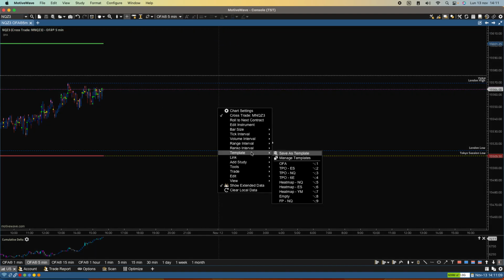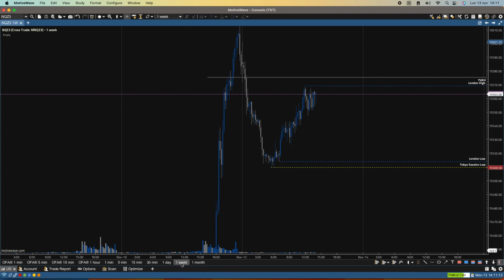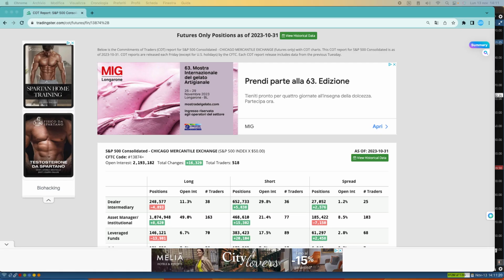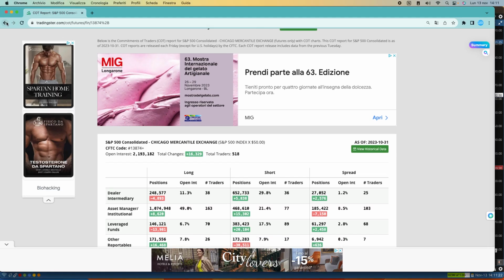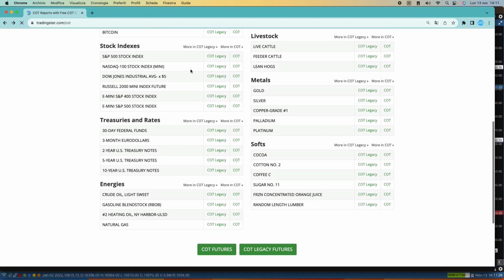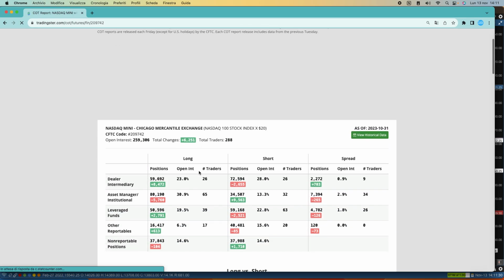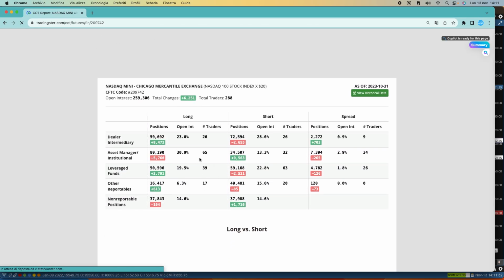Let's take the empty template on the 1 week, and in the meantime I will load the COT report on Nasdaq, which basically tells me the same thing.